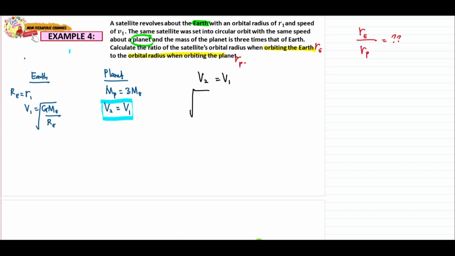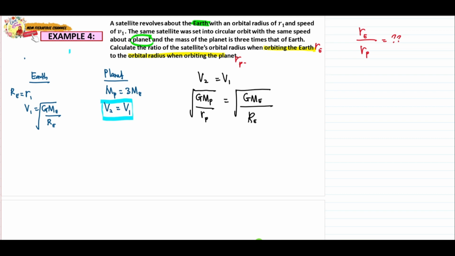So I will write the equation: square root of G, mass of the planet over the radius of the planet, is equal to V1, the velocity of the satellite when orbiting the Earth, so this should be square root of G, mass of the Earth over the radius of the Earth. Or you can use capital R, no problem.